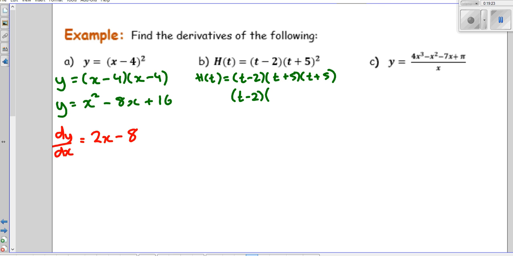You don't have to do it that way at all. You keep doing it your way, because you've already started. For me, it takes less cognitive demand to expand the t plus 5 squared, so I just go with the lowest cognitive demand method. It just basically means using your brain a lot.